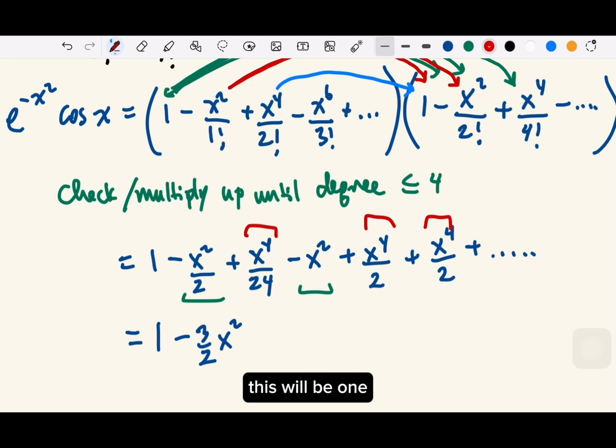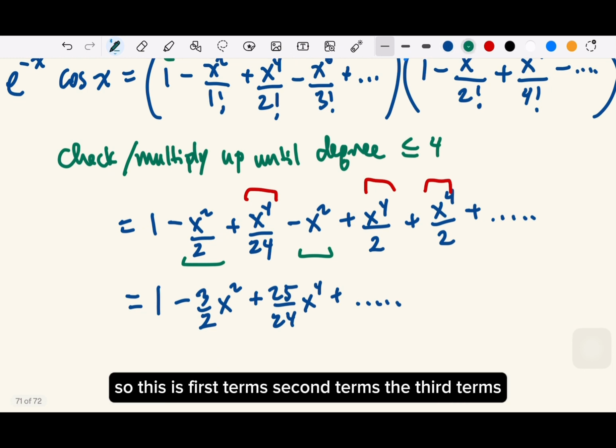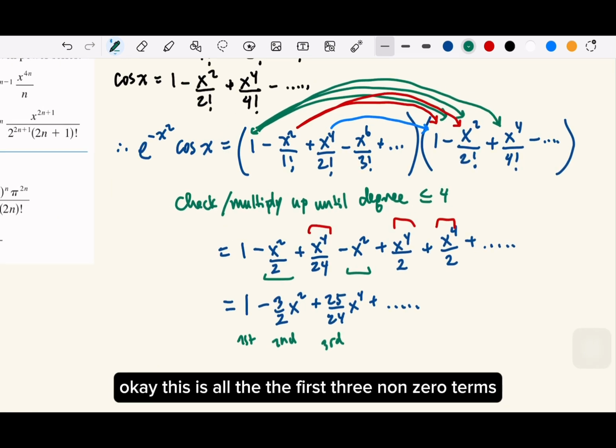This will be 1 plus 1 over 24, which is 25 over 24. So these are the first 3 terms: the first term, second term, the third term. This is all the first 3 non-zero terms.